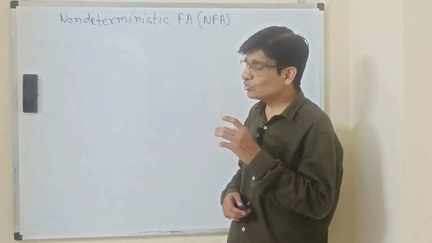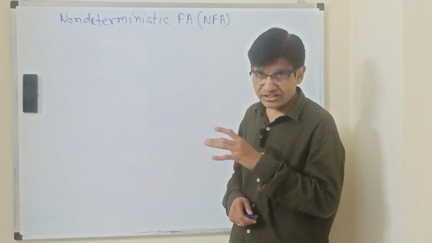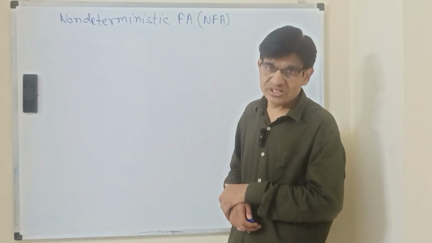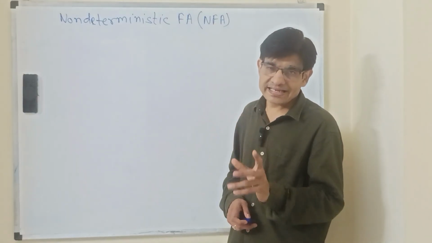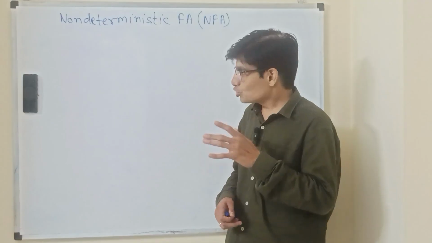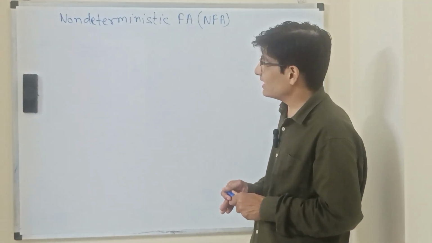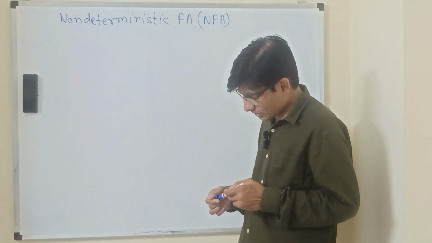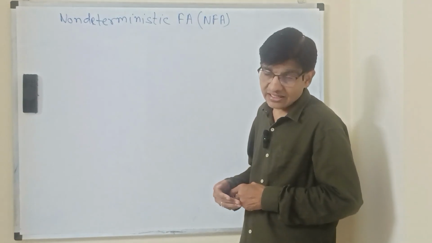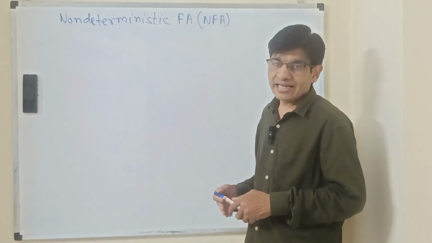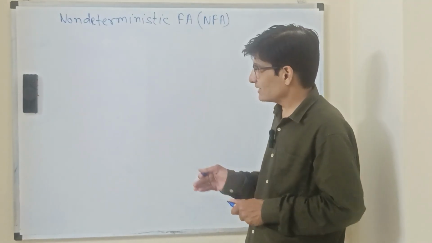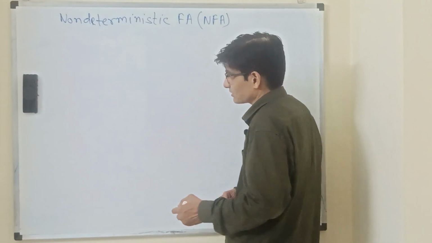Once you design an NFA, you can definitely convert it to a DFA, because for every NFA there exists an equivalent DFA. So if you can design an NFA for such a set of strings, then you can convert that NFA into a DFA, and that process also we will discuss in further videos.